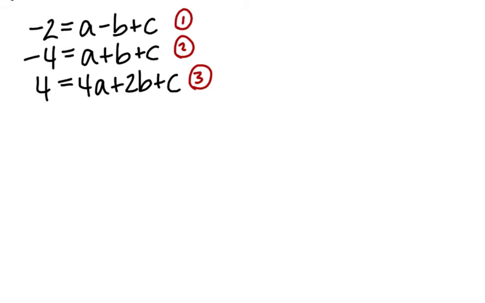Since this system is set up nicely for elimination, or the addition method, we want to add 2 of our equations together in hopes of eliminating a variable. Notice if I take equations 1 and 2, I'm ready to do elimination without any work because I have a -b in the first equation and a +b in my second equation.